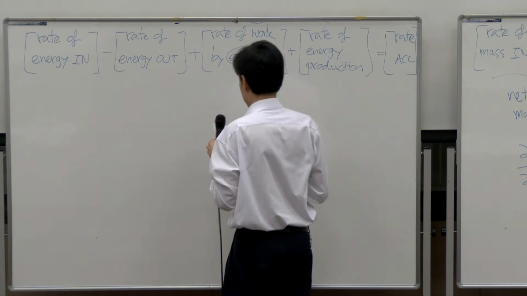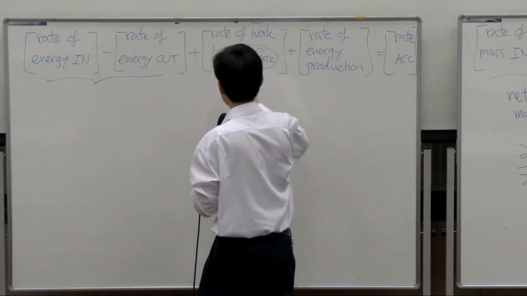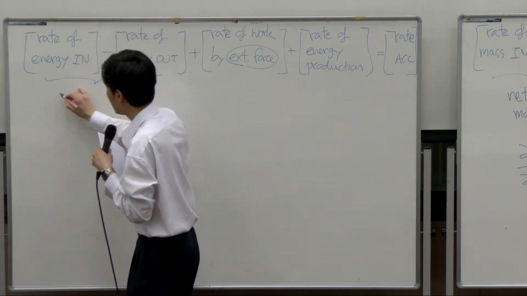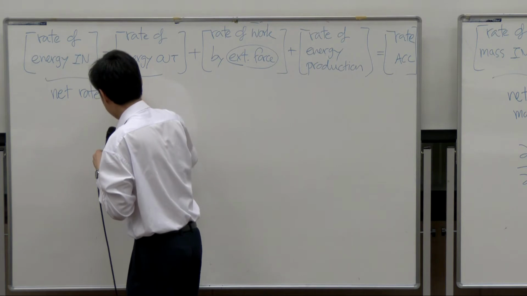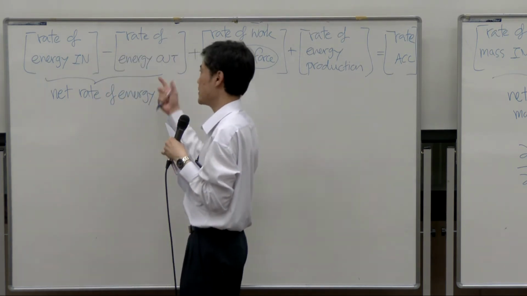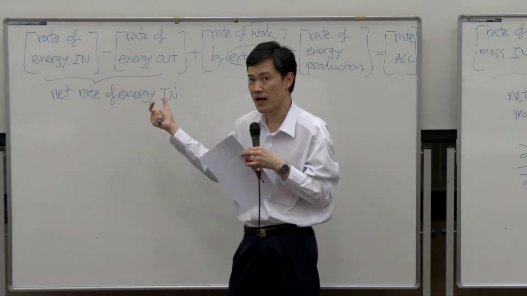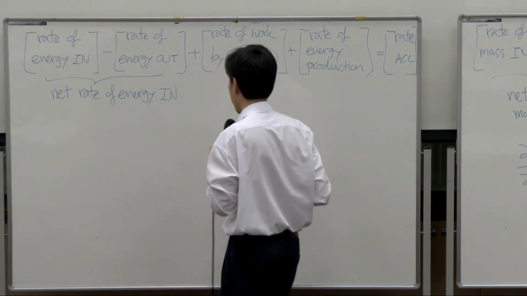Now, the in and out terms, if you combine them in the same manner as we did earlier, would be the net rate of energy going in. So if these two terms combined are positive, that means your system is gaining energy.